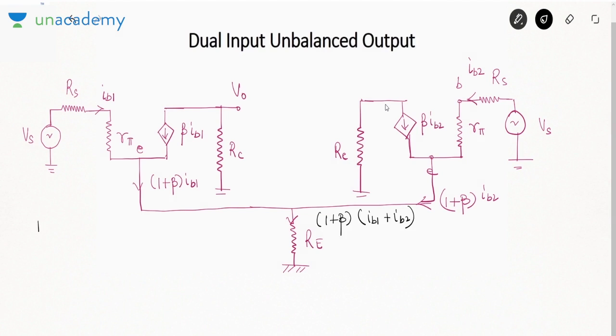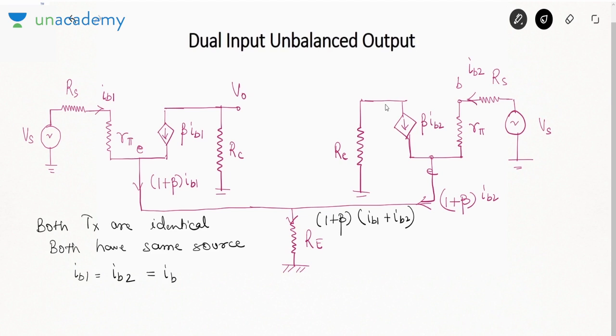Now we know that both transistors are identical. Both are identical, right? Also both have the same source. Is it fine? Both have the same value of source. If both are identical and both have the same source, can I say the current in both the transistors will be the same?